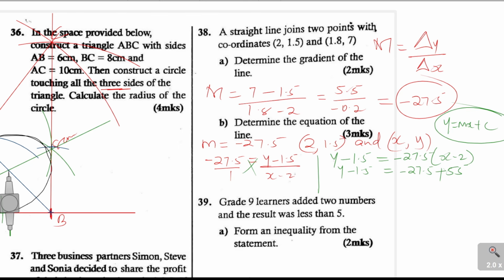So I'll take this to the other side, so that I have y equals negative 27.5x. Then when I take negative 1.5 to the right hand side, I'll get 55 plus 1.5, that will give 56.5. So that is the equation of that line.